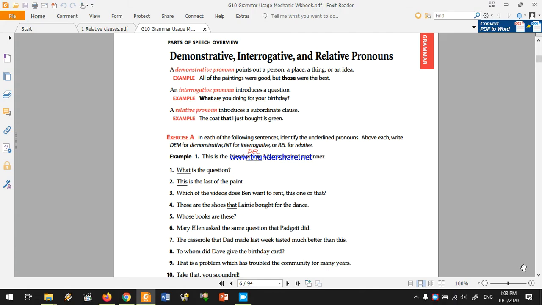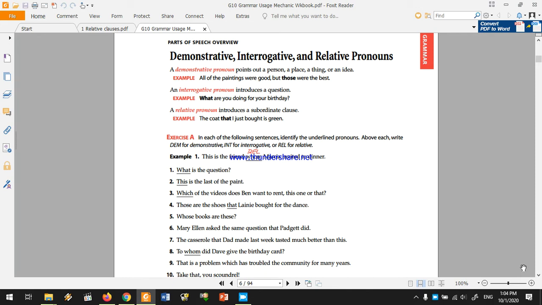Today we're gonna continue our talk about grammar and the topic of demonstratives, interrogatives, and relative pronouns. Yesterday we talked about demonstrative pronouns such as this, that, these, and those.